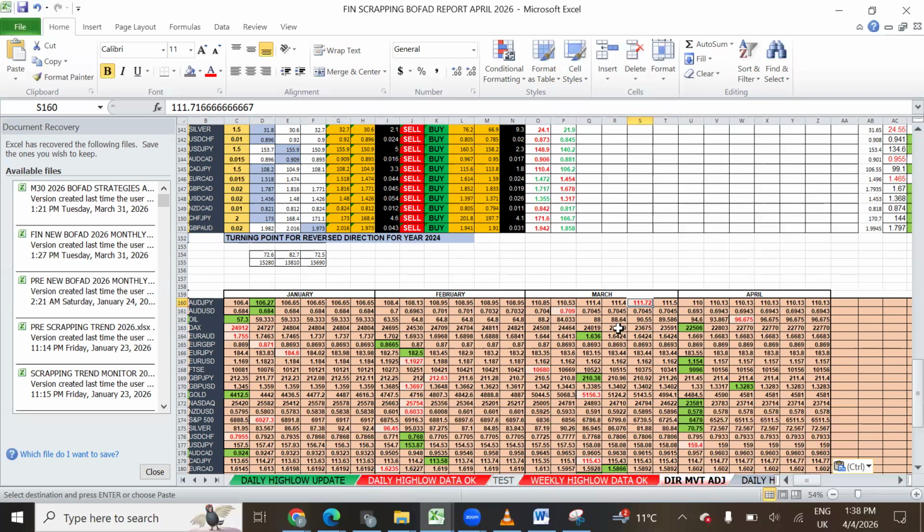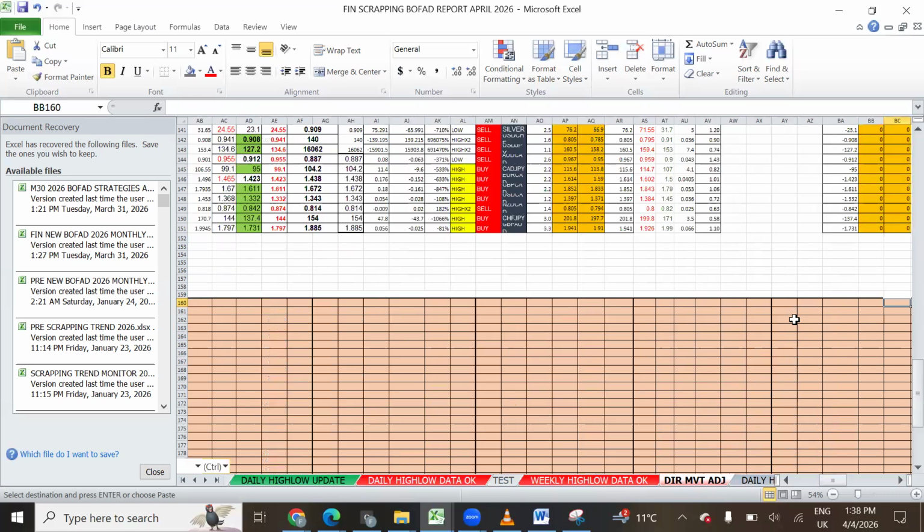So once we identify these positions, these last moves, and the market does not change again from that last move for now, then that means that direction is going to be key for the rest of the year. Okay, so that is how we'll be able to identify.